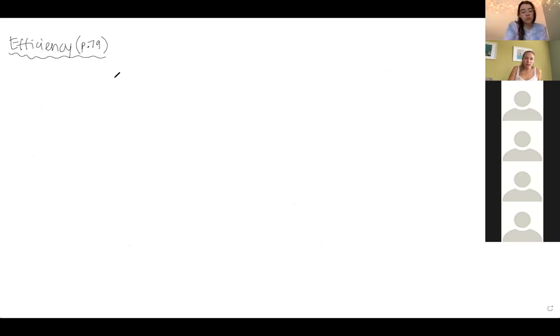Efficiency we represent by, I don't know what Greek letter this is. Eta, maybe? I'm not sure. It's like that N with the loopy tail. Does anyone know what Greek letter that is? I think it might be Eta. Yes, this is efficiency. But do you know what Greek letter this is?